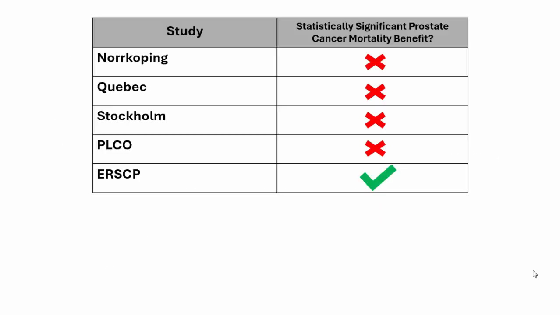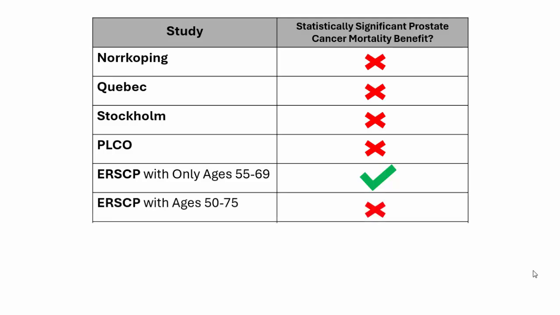So to summarize, we have 5 randomized controlled trials. 4 of them do not show statistically significant prostate cancer mortality benefit. With 1 of them, the ERSPC, does show prostate cancer specific mortality benefit. But with some caveats, only if you look at a subgroup of 55 to 69 in that study.